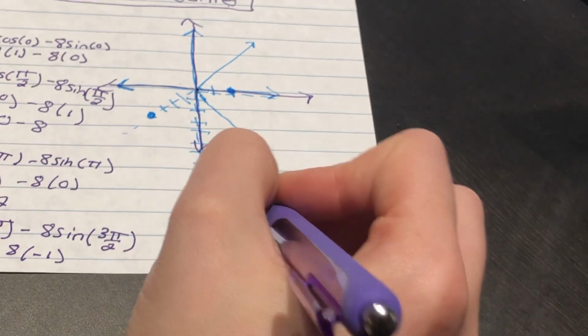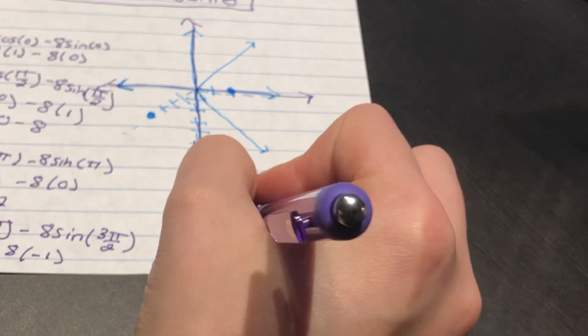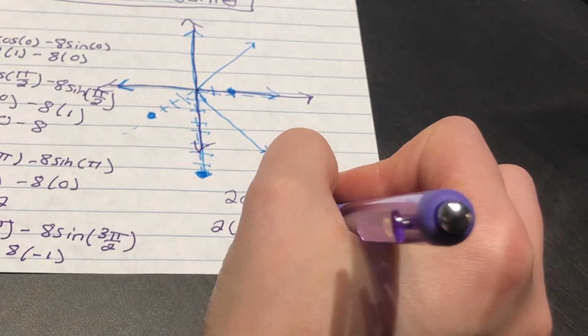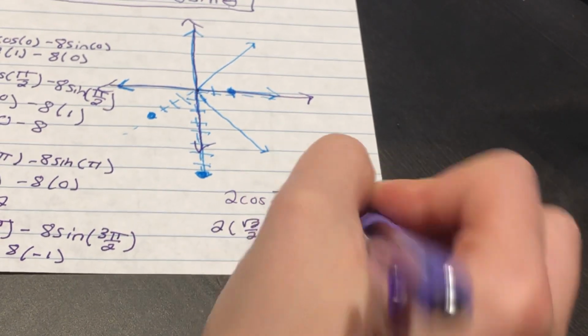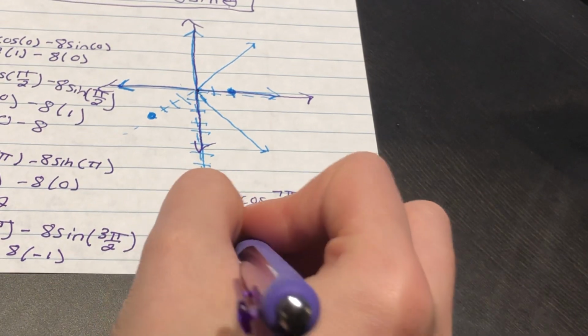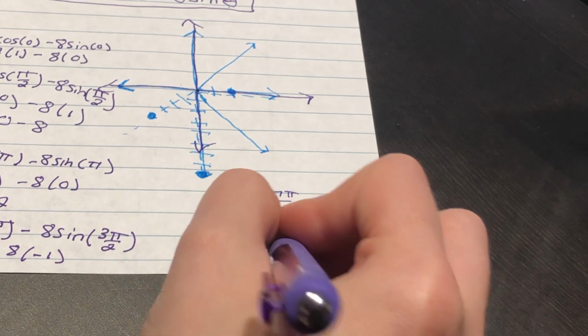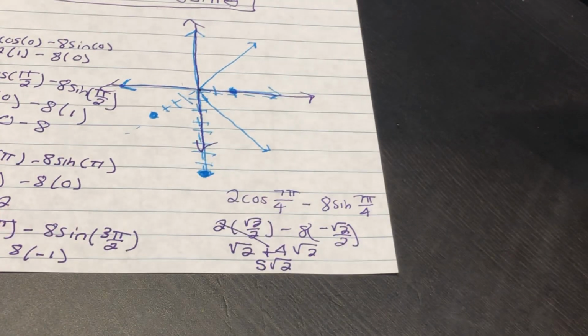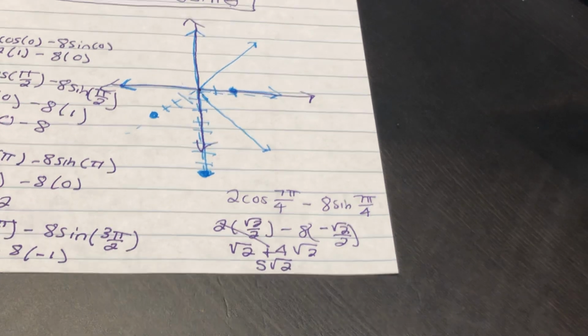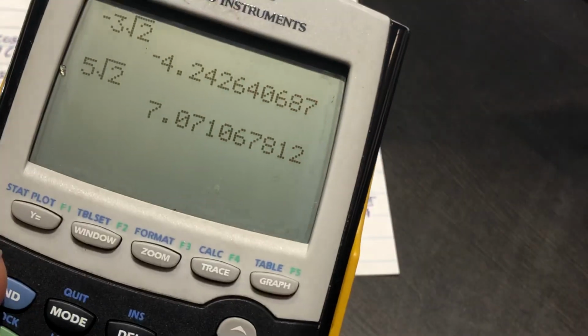Okay, 2 times the cosine of 7 pi over 4 is root 2 over 2, minus 8 times, it's going to be negative root 2 over 2. So we're going to get root 2 plus 4 root 2, which is 5 root 2. So I'm going to plug that into my calculator and see what I get. It's about 7.1.